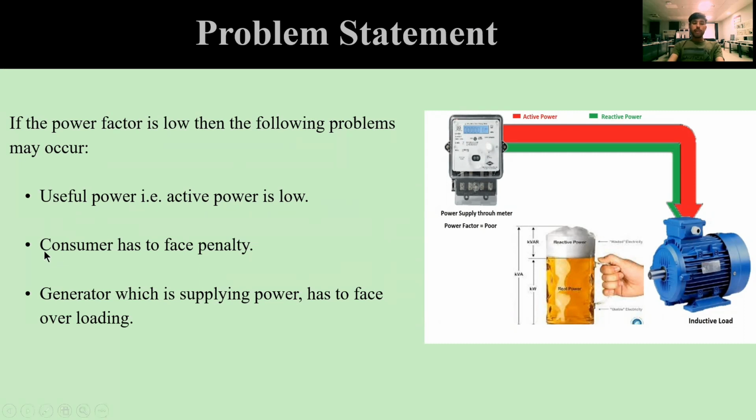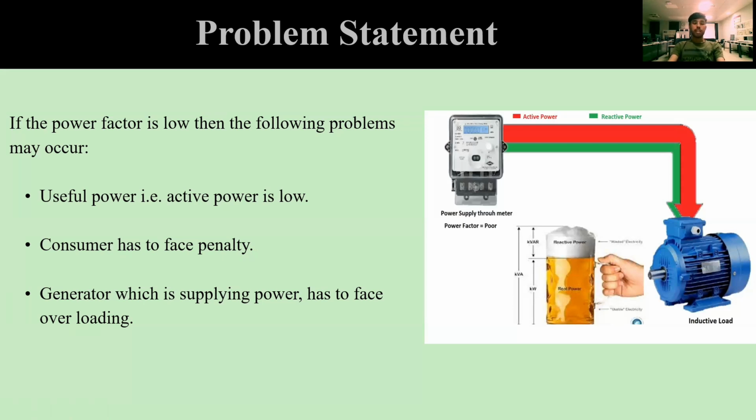The second one is that the consumer has to pay a penalty in his bill because of the high reactive power consumed by the load side. The third and worst effect is on the generation side.